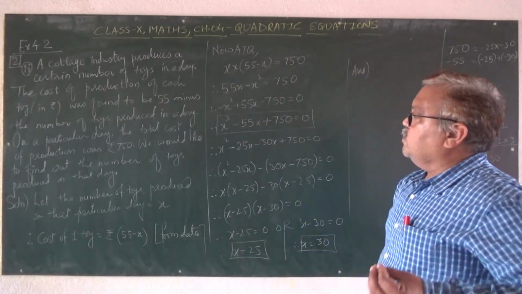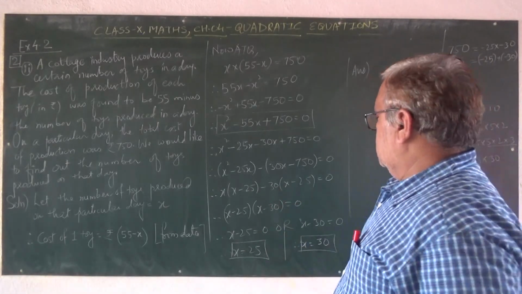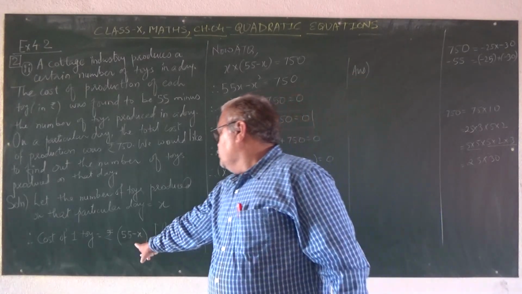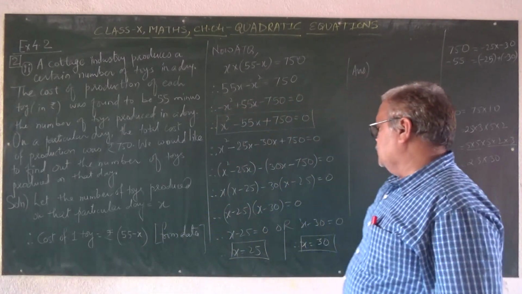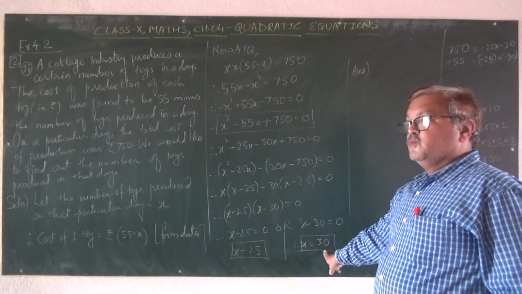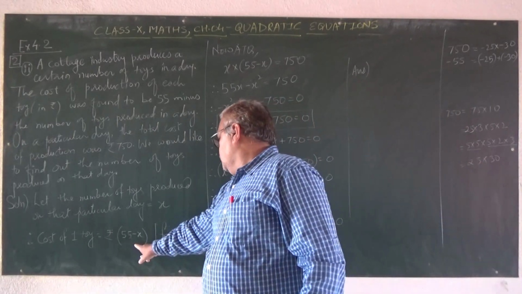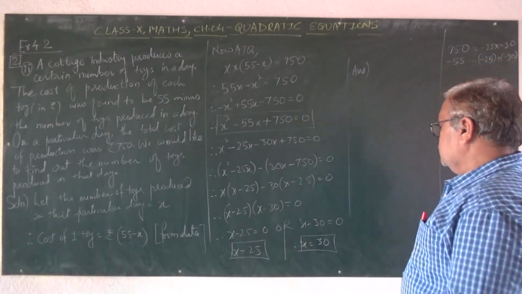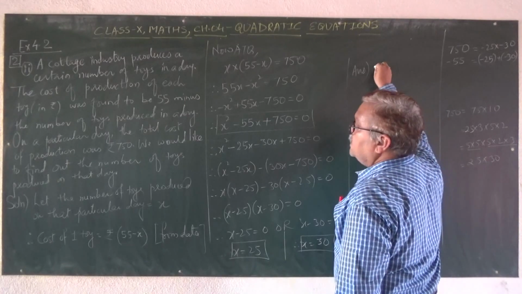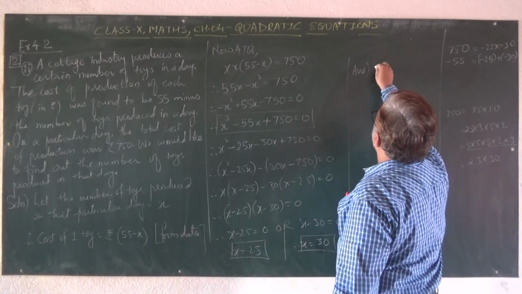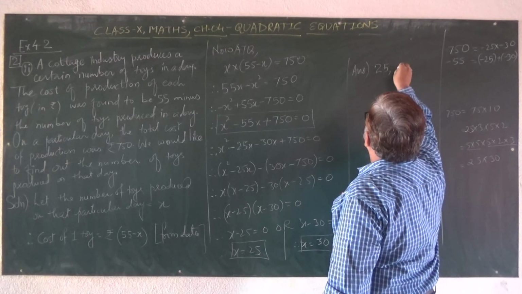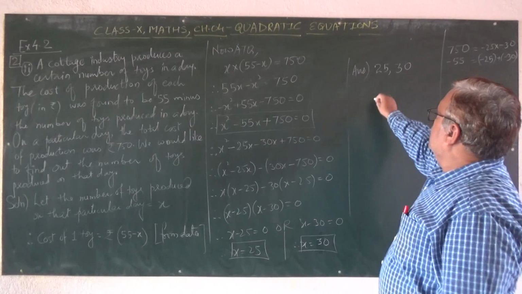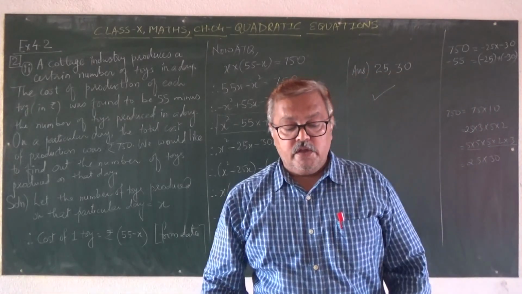So on the day when the cost of production was 750, if you assume the number of toys is 25, so the cost of one toy will be 55 minus 25, that is 30. And if you take 30 toys, the cost of production of one toy will be 55 minus 30, so 25. So vice versa. Okay. So the answer is the number of toys, 25 or 30. Okay, this is your answer. Hope you have understood this sum.